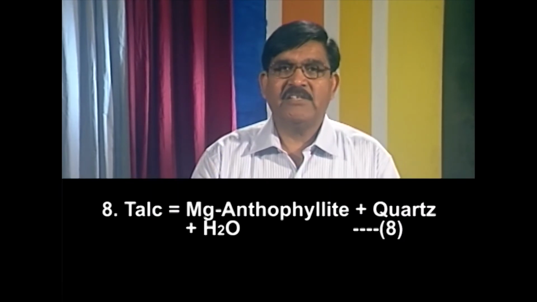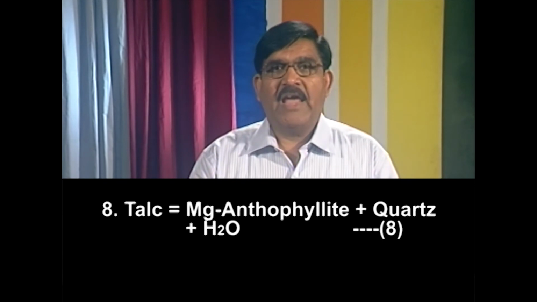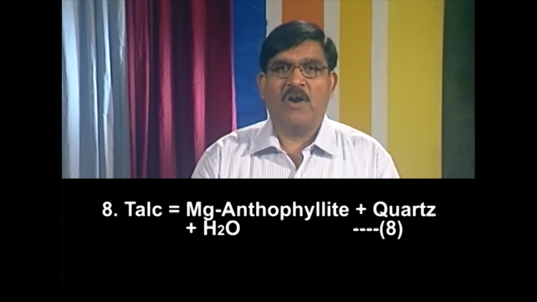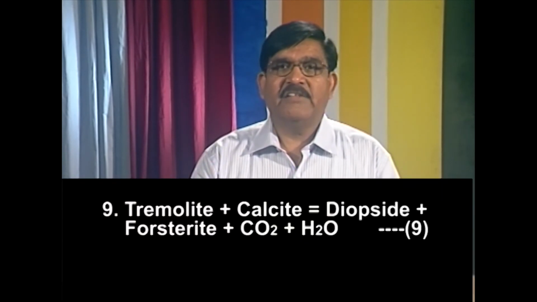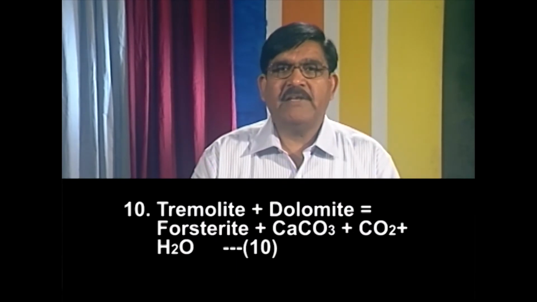Reaction number 8 is talc breakdown into Mg anthophyllite plus quartz plus water. Reaction number 9 is tremolite plus calcite give rise to diopside plus forsterite plus CO2 plus water. Reaction number 10, tremolite plus dolomite give rise to forsterite plus calcite plus CO2 plus water.